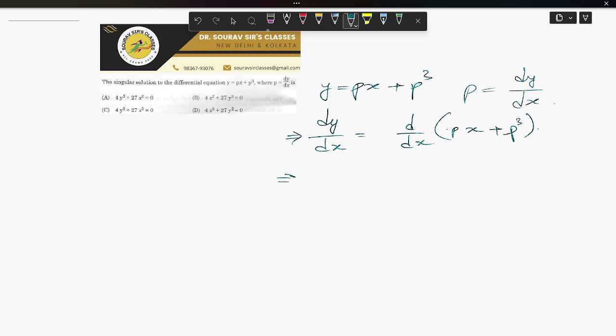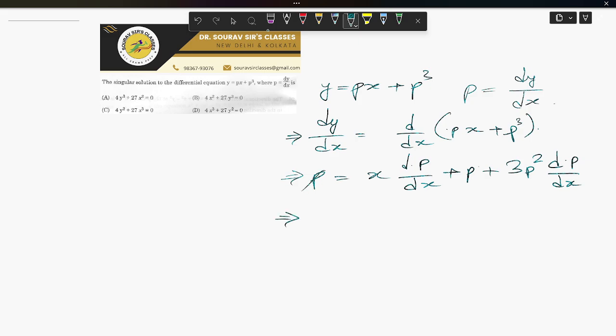Then we know that dy/dx is equal to p, so that will be p here. So we will get x dp/dx plus p itself, because dx/dx will be 1, plus p cube, so that will be 3p square dp/dx.